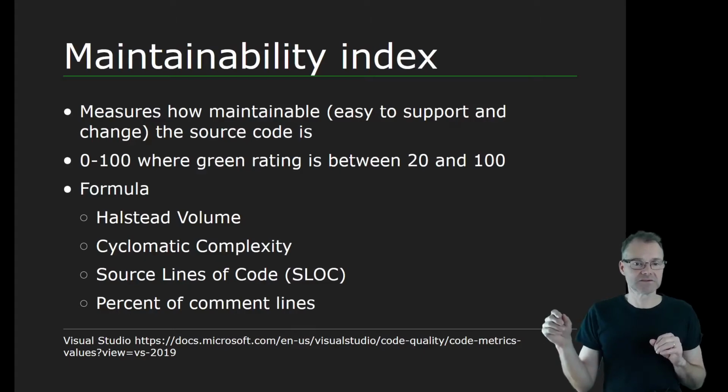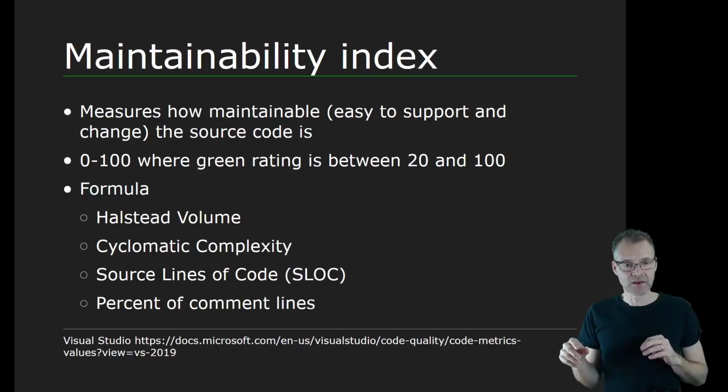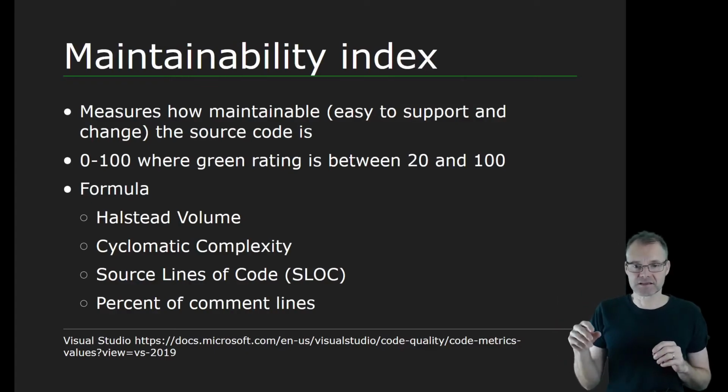Then we're also trying to visualize this between 0 to 100, where green is in the range of 20 to 100, and that in general means it's fairly easy to maintain.